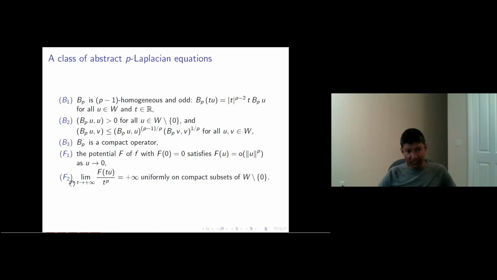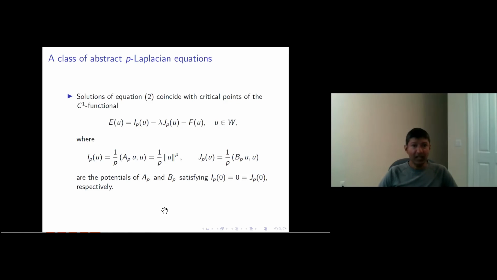And we are assuming that this second limit holds uniformly on compact subsets of W minus 0. So this capital F is basically the integral of mod u to the p star in our problem. And then the solutions of this equation coincide with critical points of this C1 functional.